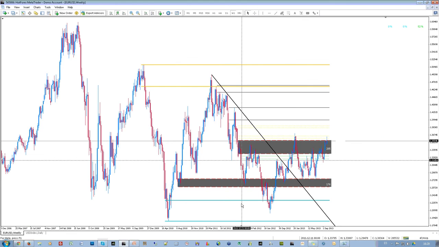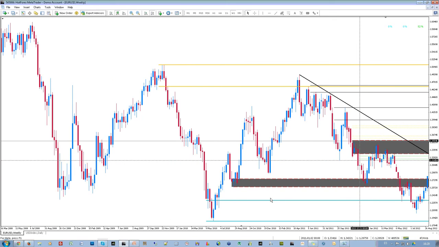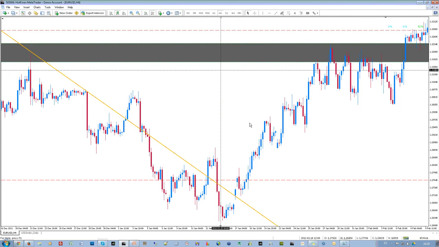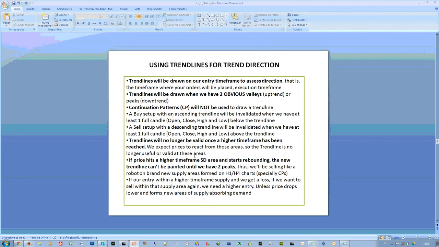Let me draw this from this area. Right there. When price starts rebounding from there, so price rebounds from that supply area. And now, okay, you can see here, this is one of the rules on the PowerPoint.